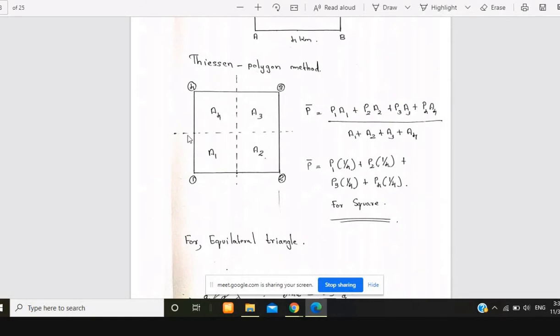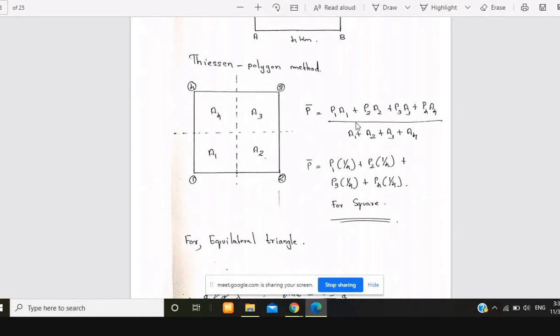So this will be our figure. Then the final P bar is obtained as P1 A1 plus P2 A2 plus P3 A3 plus P4 A4, divided by the total area. So in this case, when it is a square, you don't need to calculate the area. We know that when the square is divided using perpendicular bisectors, each part will be the 1/4 section.